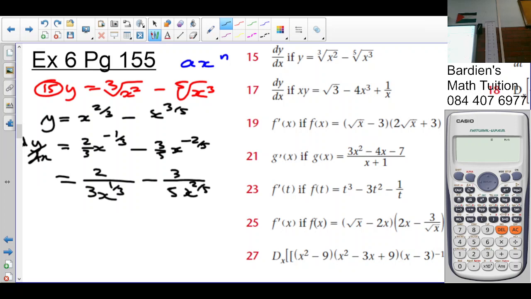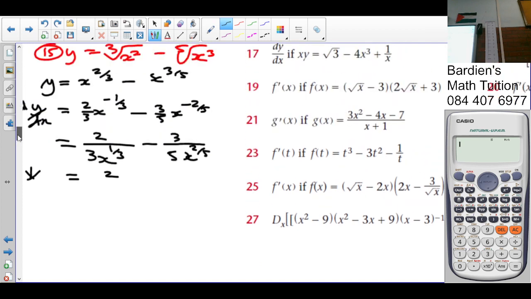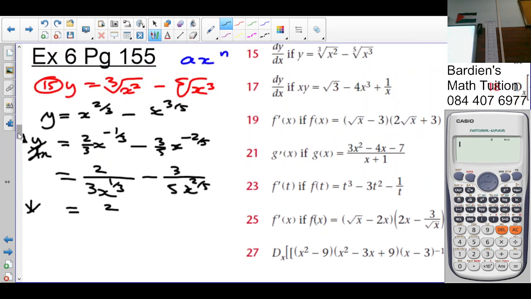If you want, you can write this in radical form instead of exponential form, which is not needed. I'm just showing you something else. It can be written as 2 over 3 times the cube root of x, minus 3 over 5 times the fifth root of x squared. This is another way of writing the same.